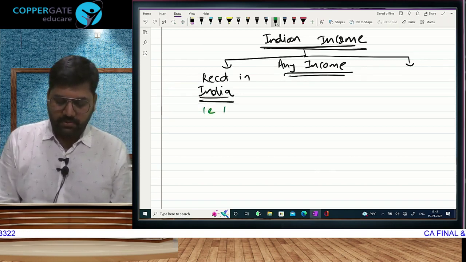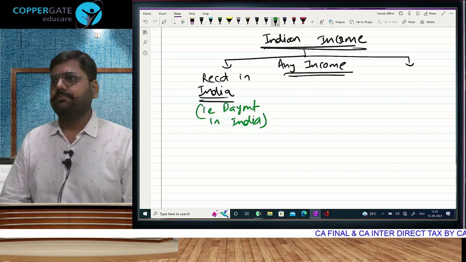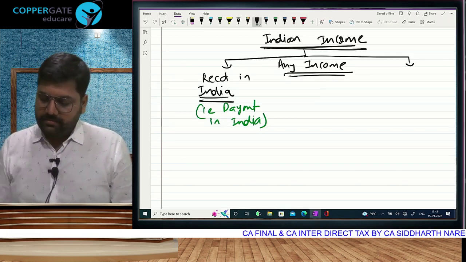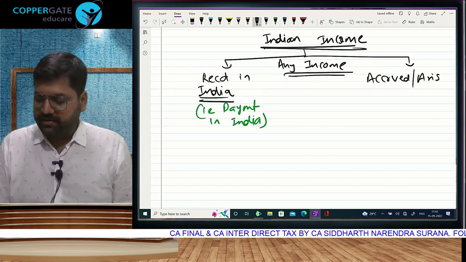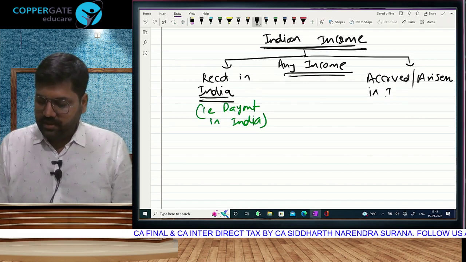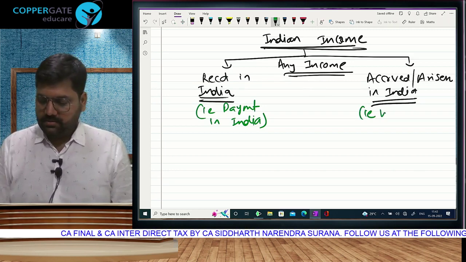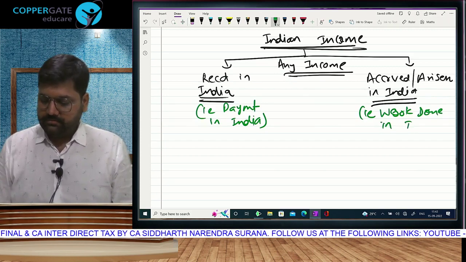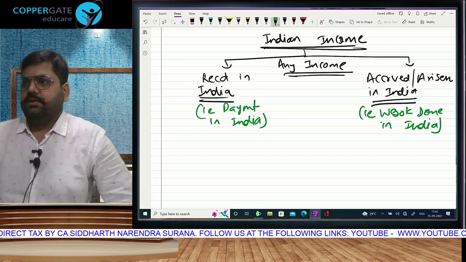Simple example: the payment was made to you in India is Indian income. And any income that has accrued, arisen, in India, shall I make it simple? That is, work done in India. In both these cases, your income will be treated as Indian income.